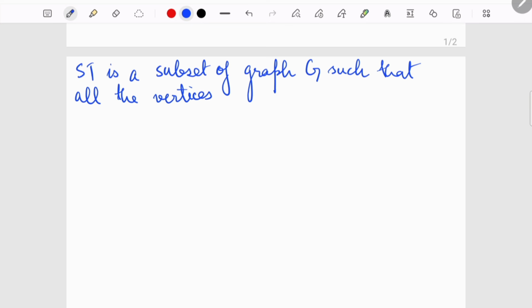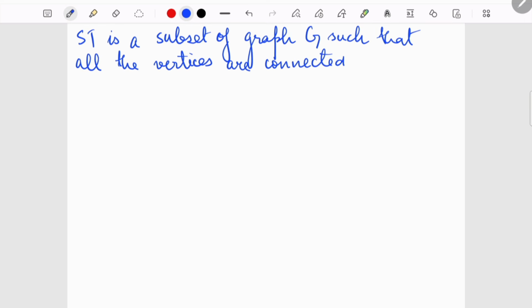The number of vertices is the same in the graph and in its spanning tree.